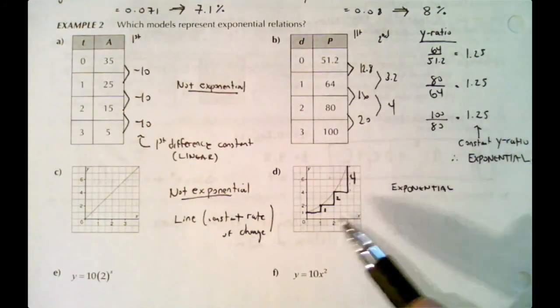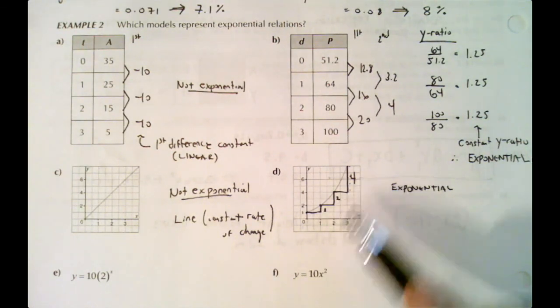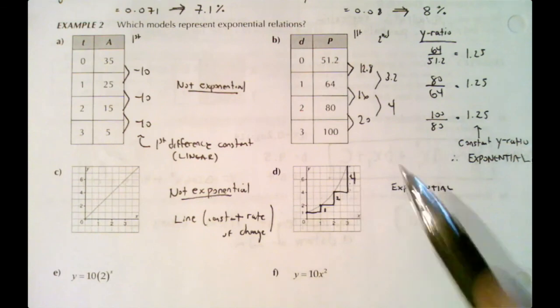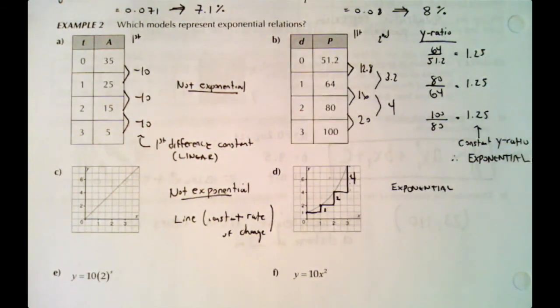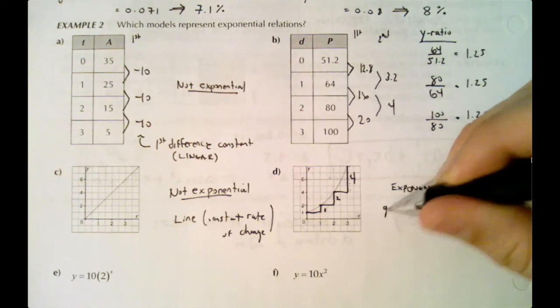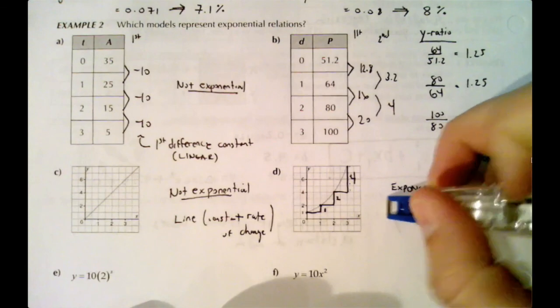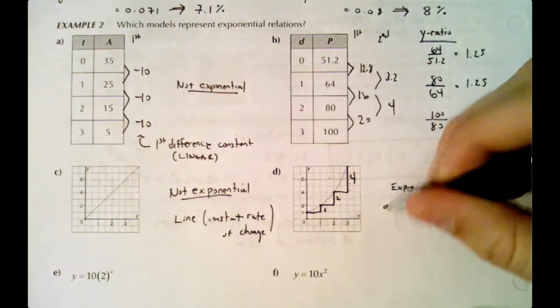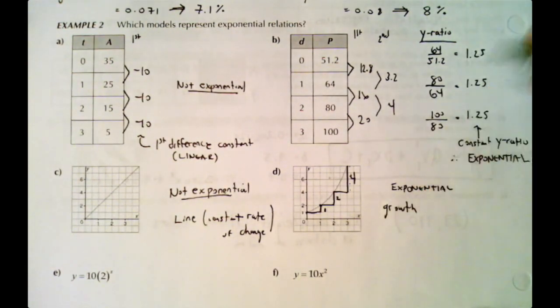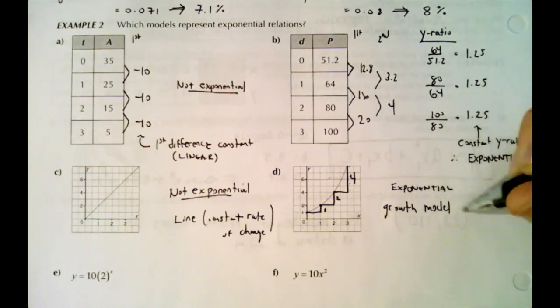If these numbers were going up like 1, 3, and 5, they're just going up by adding 2 every time, that would be a parabola. So this is exponential, and it's because of exponential growth. I should write exponential there. I'm just going to say growth. It's a growth model times 2, because we keep getting bigger by a factor of 2.